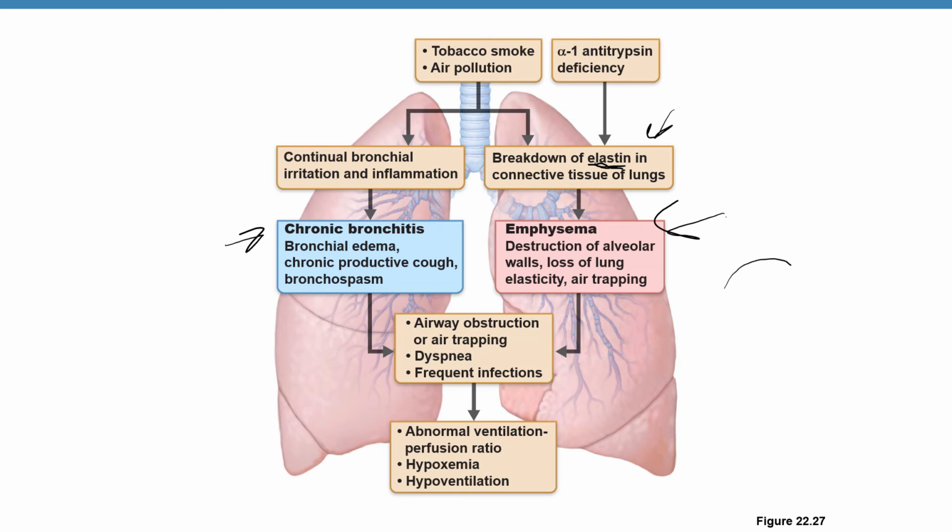So instead of being nice and round, they collapse, right? And that's what keeps the air in, right? So obstruction of air and air trapping.